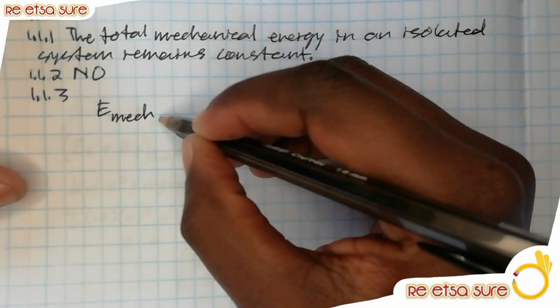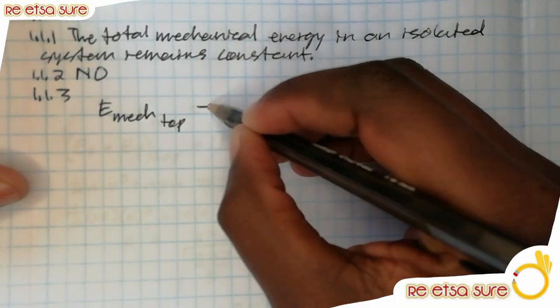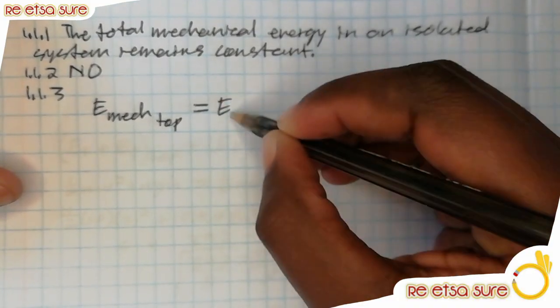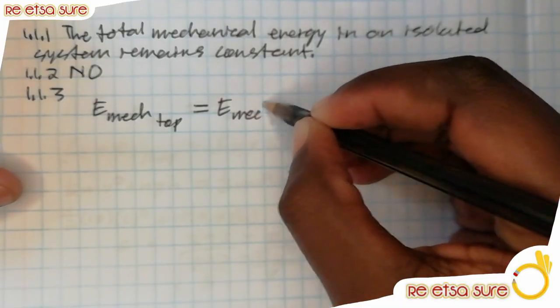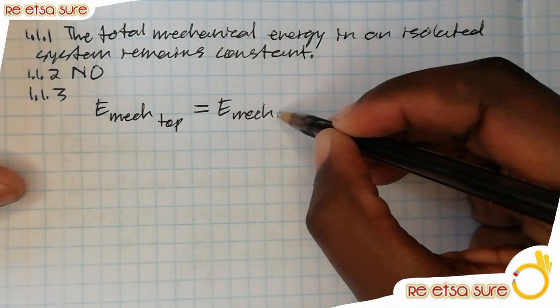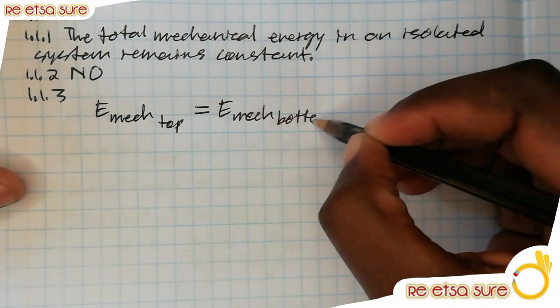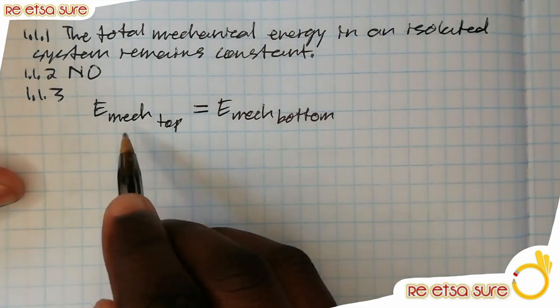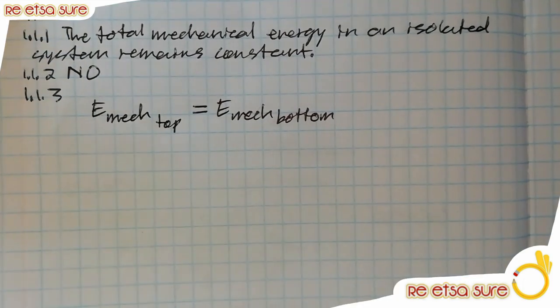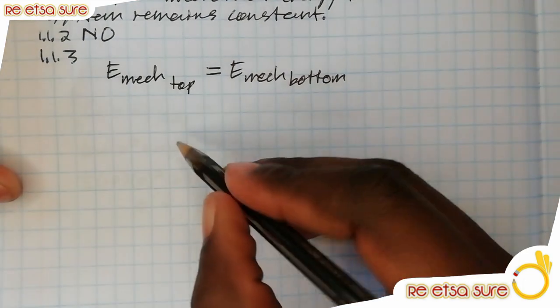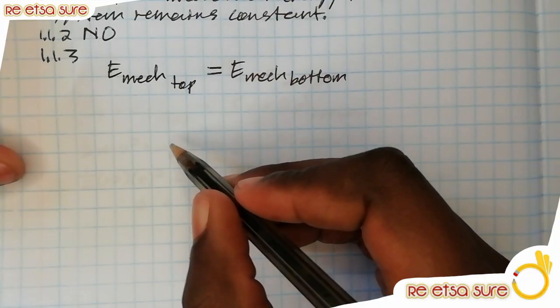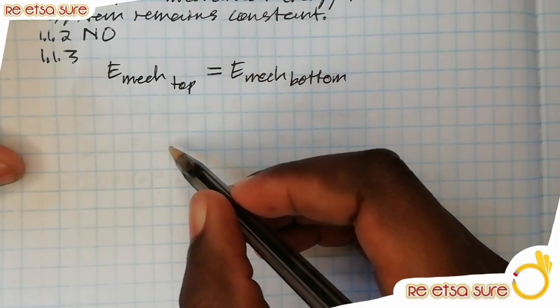Mechanical energy of our object at the top is equal to mechanical energy of our object at the bottom, meaning from A to B. Now when we expand it, mechanical energy is kinetic energy added to potential energy.